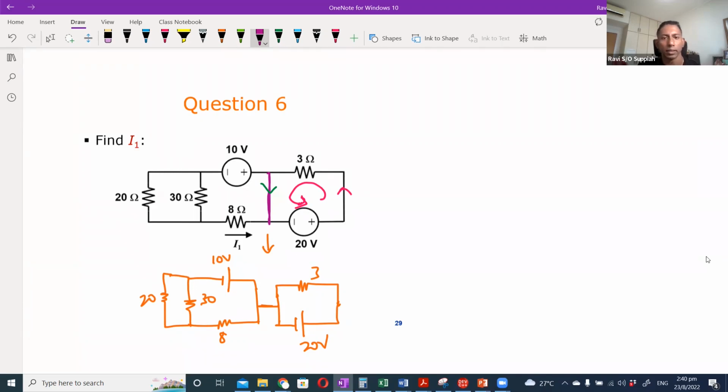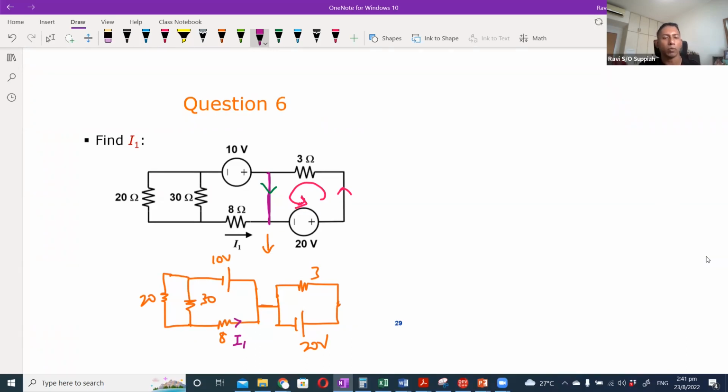If there was a resistor in this branch, it would not be so easy, because then you would need to do node analysis and define voltages. But in our case there is nothing here, so I can effectively split the circuit into two halves, and I1 is only an effect of this 10 volt source.